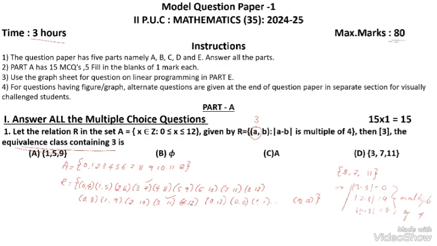So the modulus of 3 minus 3 is 0, 7 minus 3 is 4, and 11 minus 3 is 8. These are multiples of 4. Therefore, the elements related to 3 are 3, 7, 11. Option D will be the right answer.